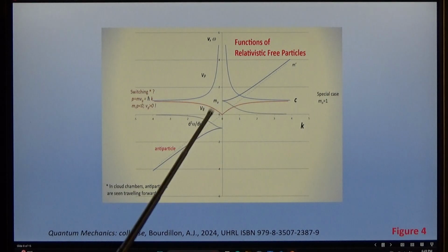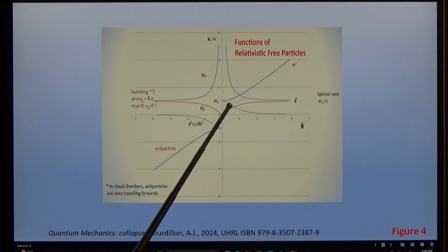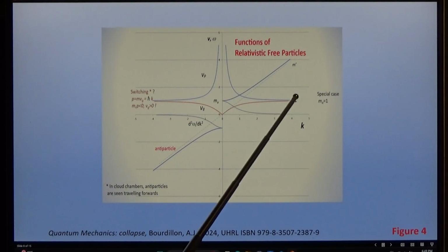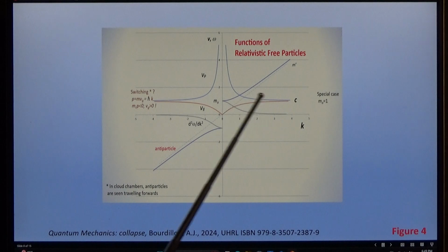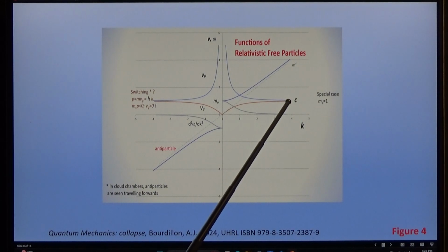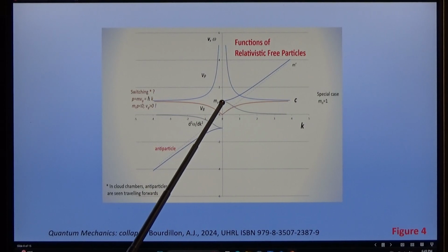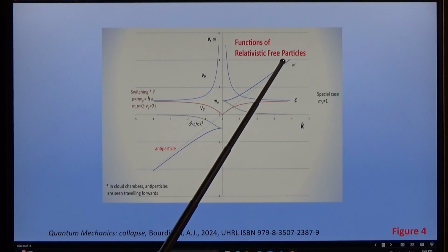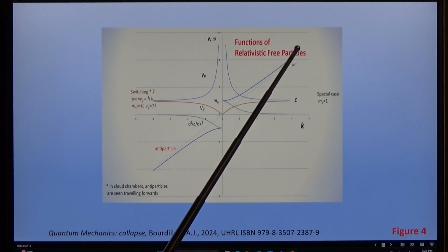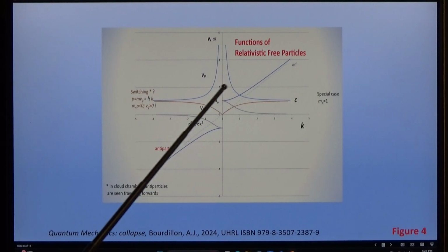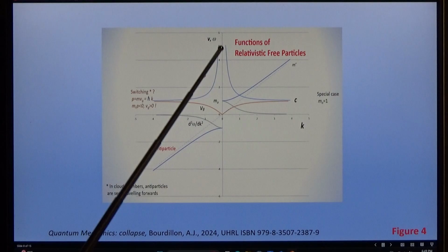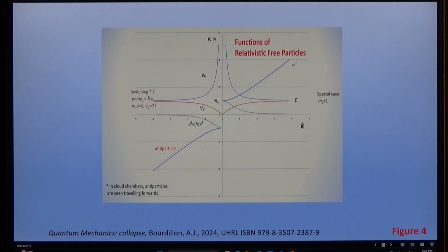Here they are. There's the group velocity in Newtonian physics and in relativity physics, where the velocity goes to c, as Einstein taught. The rest mass is a constant, but in relativity the mass is energy dependent, and the phase velocity is the inverse of the group velocity.